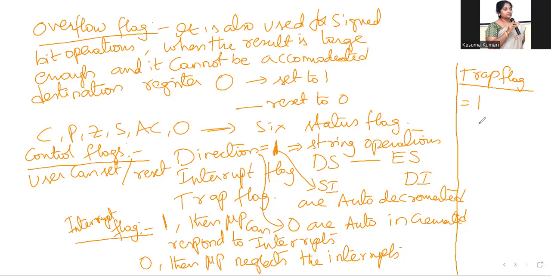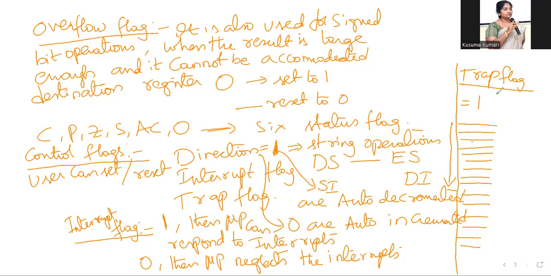For example, this is one set of instructions. Generally, the microprocessor, after completing one instruction, goes to the next instruction. Likewise, it executes the series of instructions sequentially.